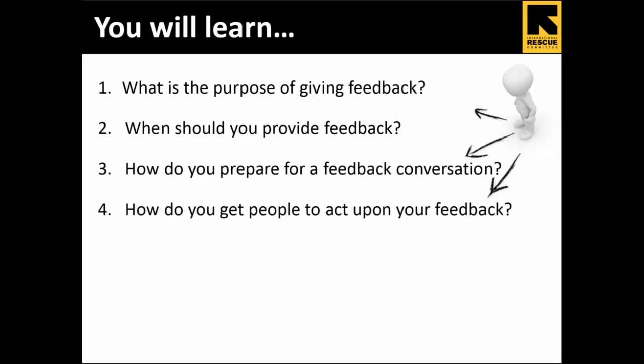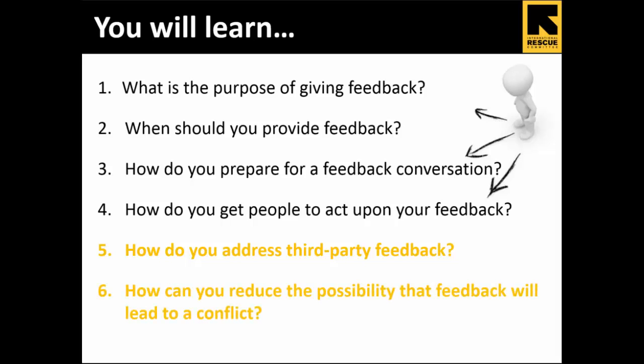And we've just talked about 2 different approaches you can use to get people to act upon your feedback. The questions we still have to cover are: how do you address third-party feedback? And how can you reduce the possibility that feedback will lead to a conflict?